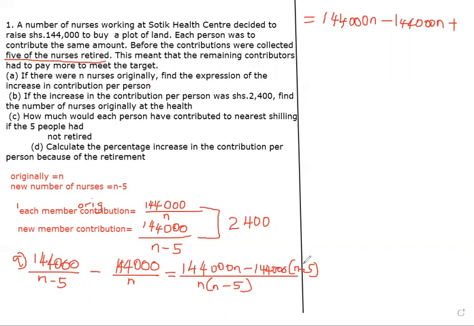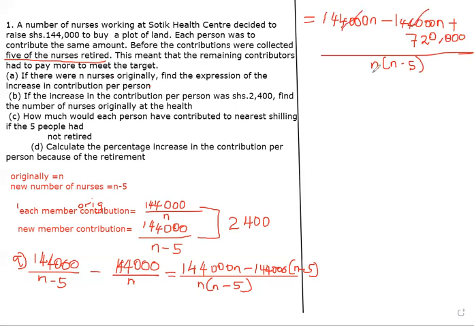So 144,000 by 5, what do we get? That is 720,000, plus 720,000, over n into n minus 5.